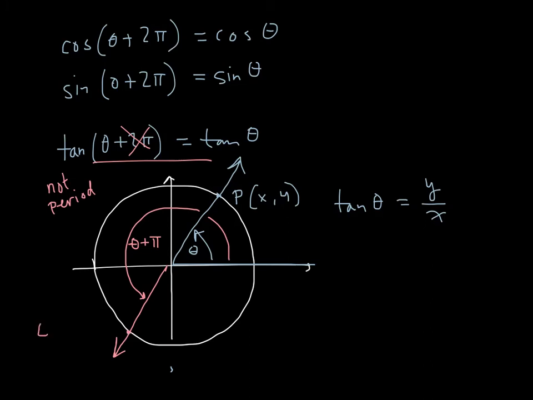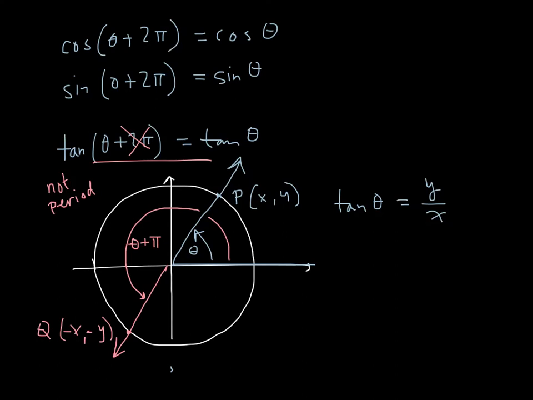I'm going to call it Q. However, the important thing about this angle and this point Q is that both the x-coordinate and the y-coordinate are opposite. So we have the opposite of x and the opposite of y because these two arrows are pointing in opposite directions. So the coordinates that we're going to end up at are opposite for both x and y.